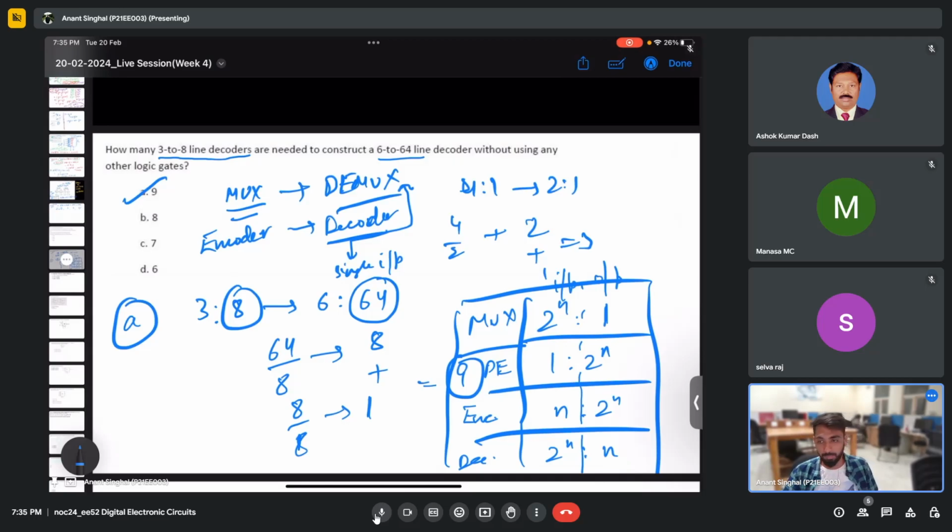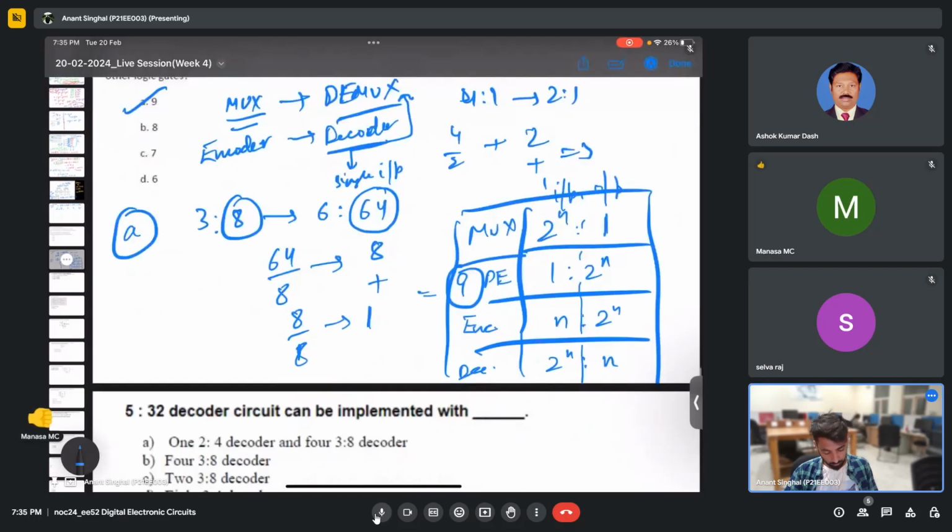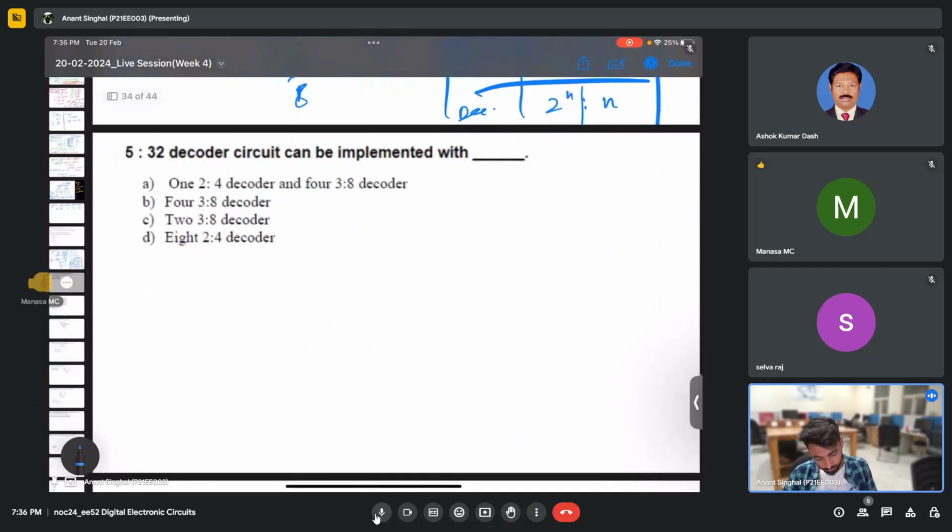Is it clear? Please respond if this is clear. Fine. So quickly let me know the answer to this. So you need to implement this and you need to check which option is correct. Take 2 minutes and let me know the answer.